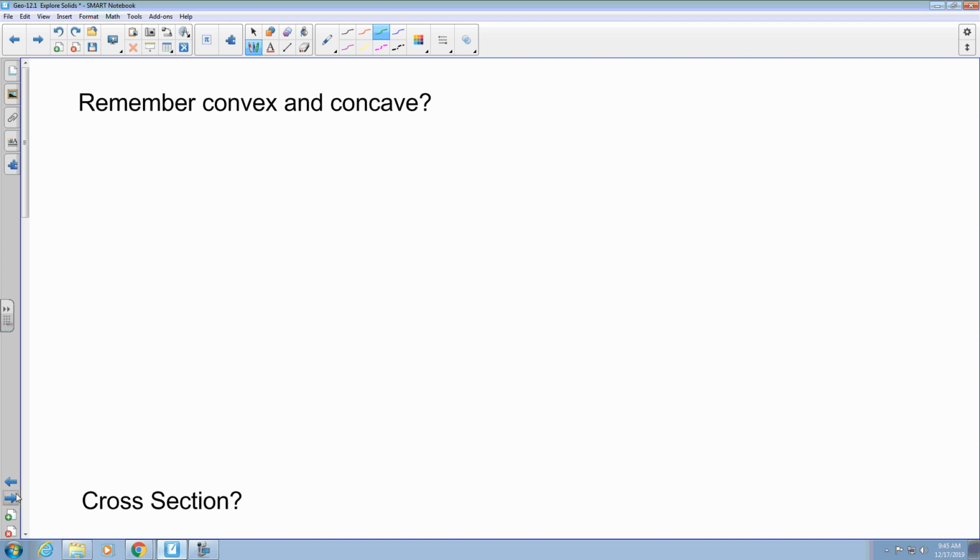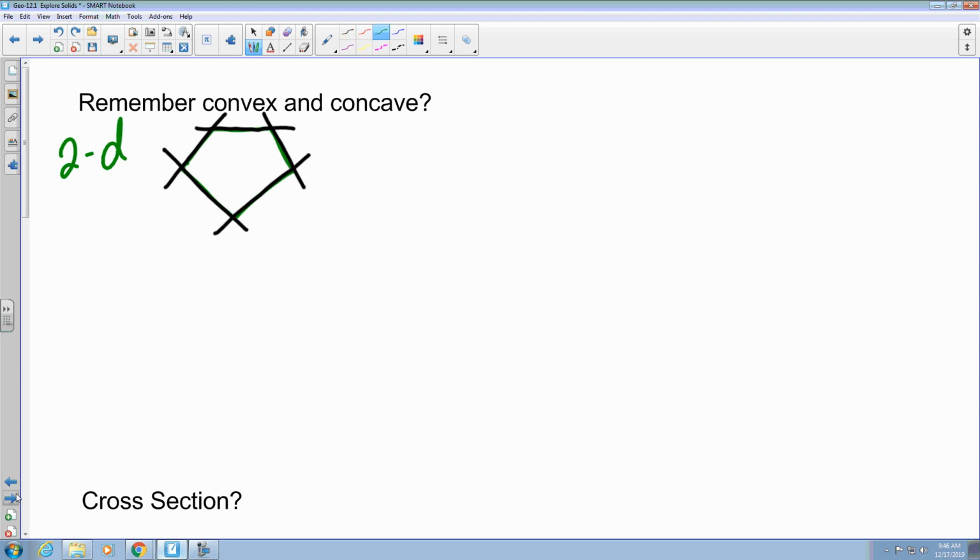So if we remember when we looked at a two-dimensional object, a convex shape meant that if you were to take a straight edge at each edge, and the straight edge did not cross the center at any one of those edges, you could say it was convex.